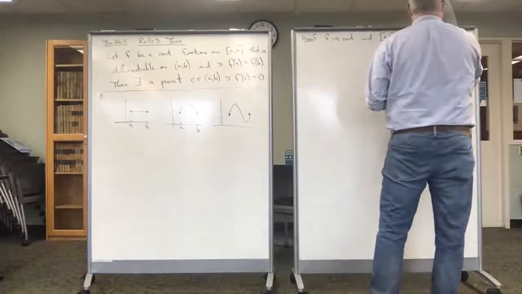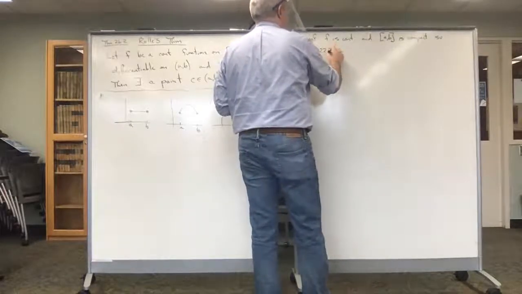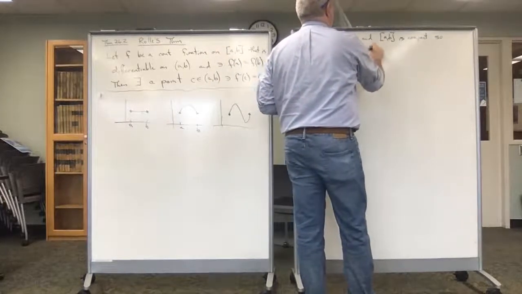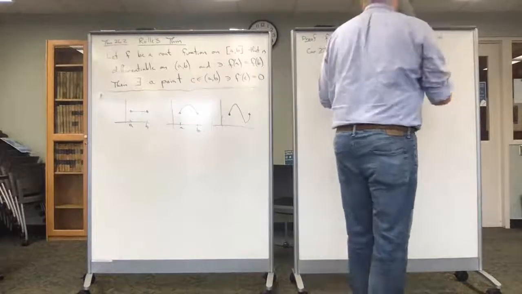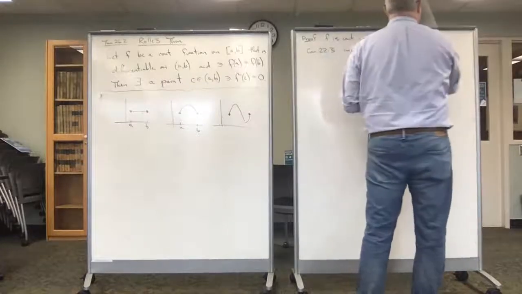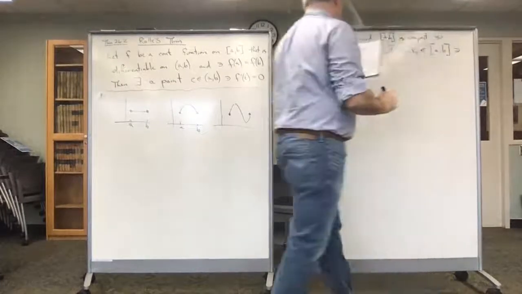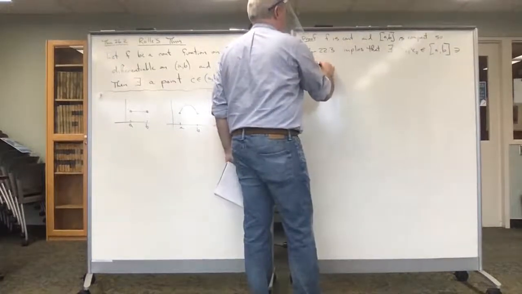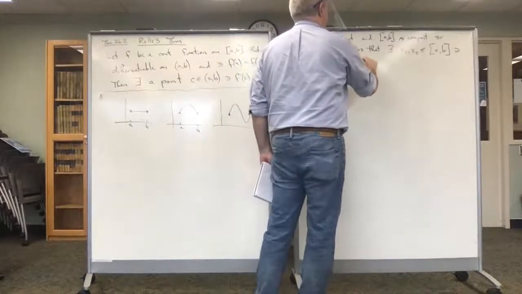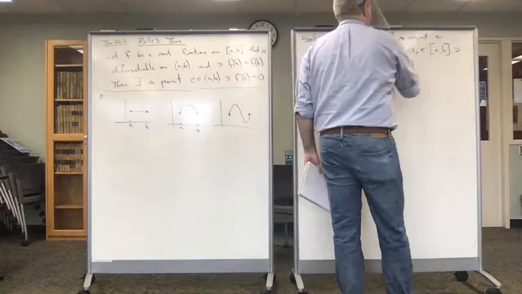So Corollary 22.3 implies that there exist x sub 1 and x sub 2 in AB such that f of x1 is less than or equal to f of x is less than or equal to f of x sub 2 for all x in the closed interval AB.